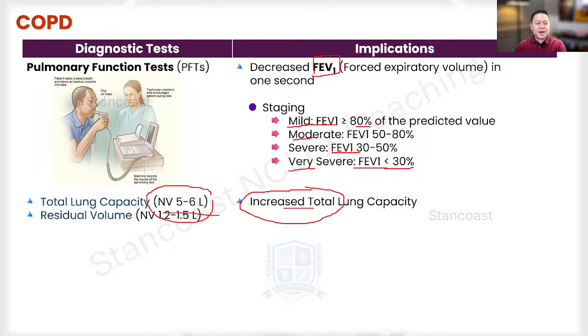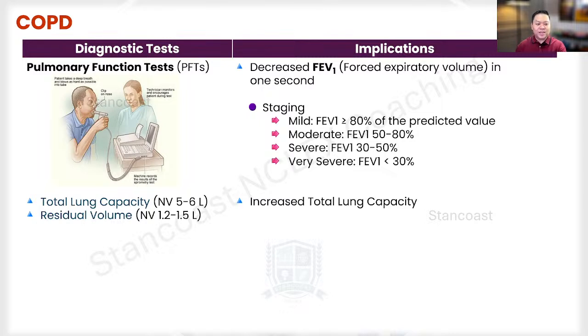Now we're going to talk about the residual volume. So what is this residual volume? This is the amount of air that is remaining in the lungs after a maximal exhalation. Again, the residual volume is the amount of air that remains inside the lung after a maximal exhalation.